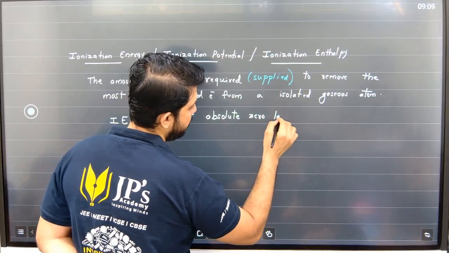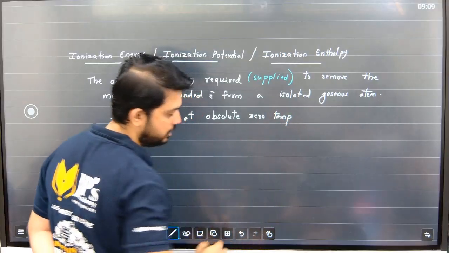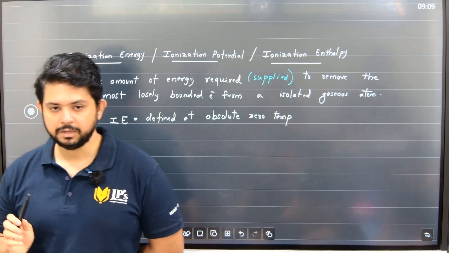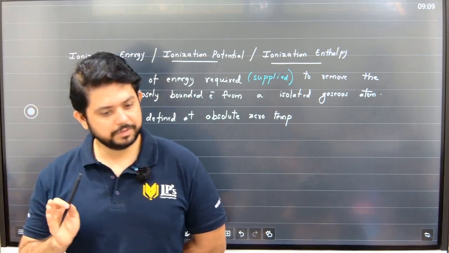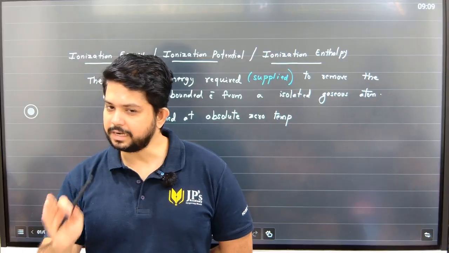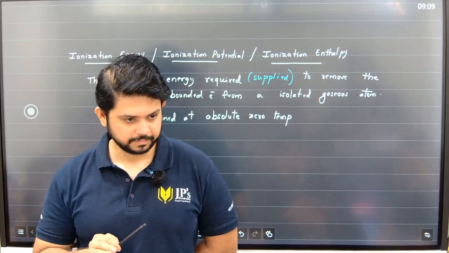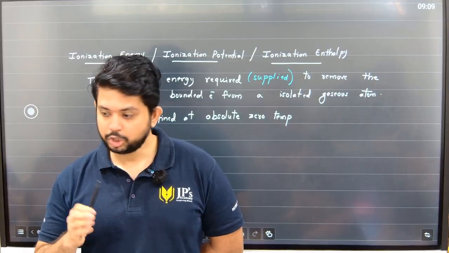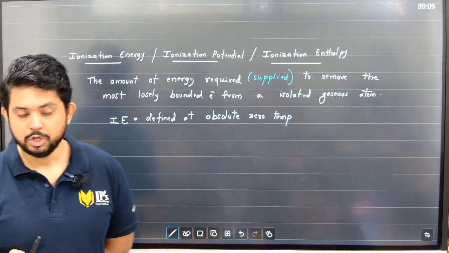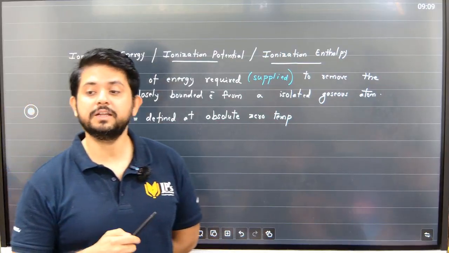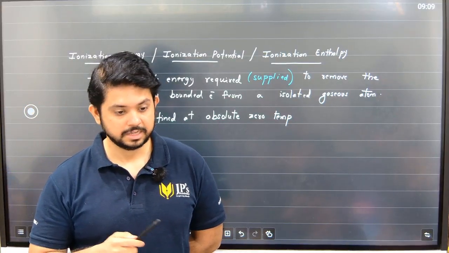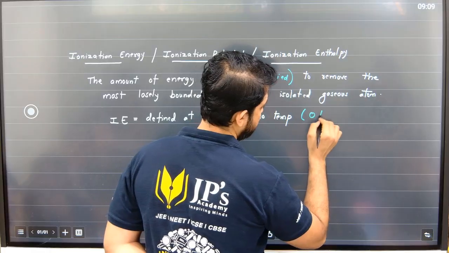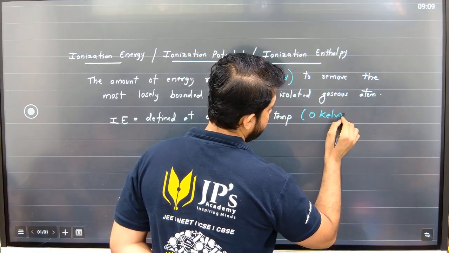Now we may not know what absolute zero means yet, because we haven't done the gaseous state. But I'll still tell you, we've learned temperature in degree Celsius and in Kelvin. How much is 0 degree Celsius in Kelvin? 273 Kelvin. So what is minus 273 degrees C? 0 Kelvin. Absolute zero temperature means 0 Kelvin.